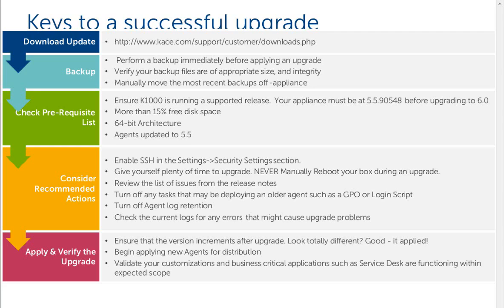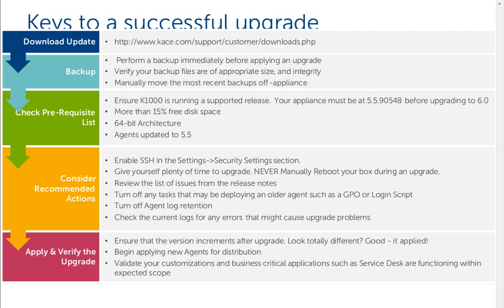So the general best practice that everybody in the world recommends before you upgrade anything: always read the release notes. Okay? All of this stuff is in there. The disk space requirements and taking a backup and how to take a backup and what to do on your agents and any other settings you might want to check, for instance, enabling SSH.